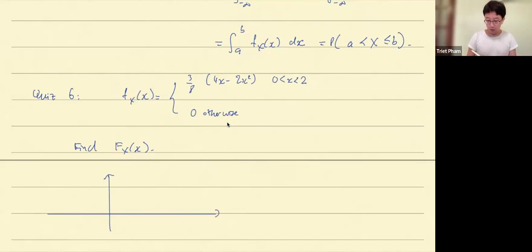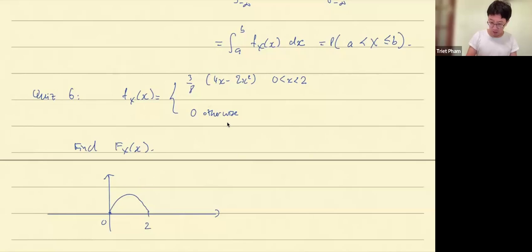So the PDF looks like 0 here and 0 there, and probably something like that. I'm not sure, symmetric, whatever. Sorry, not 0, 2. But that's a PDF.